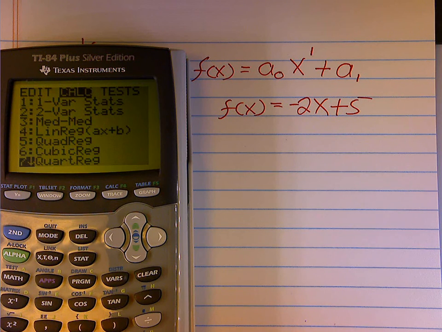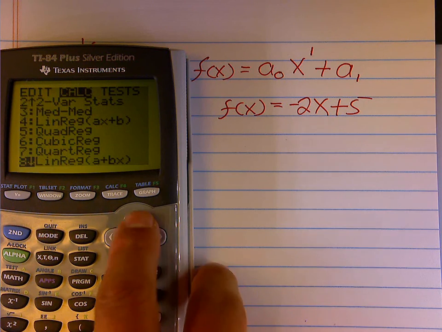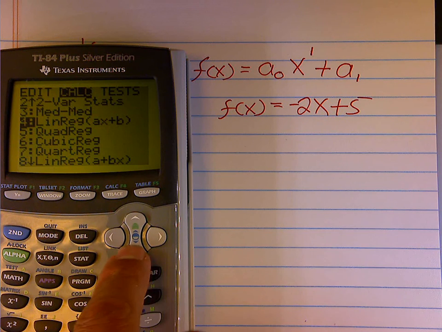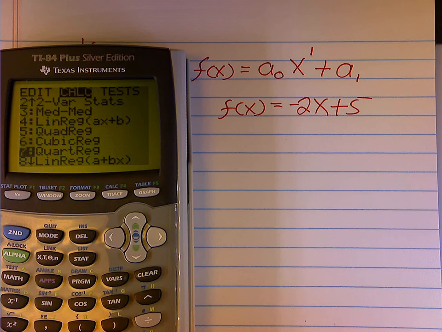Quart regression would be a fourth degree polynomial function. And I believe that is all of them. So your calculator is only capable of first, second, third, and fourth. However, with Excel, I believe you could go through a ninth degree polynomial regression. So our calculator is a little bit slacking on this particular skill.